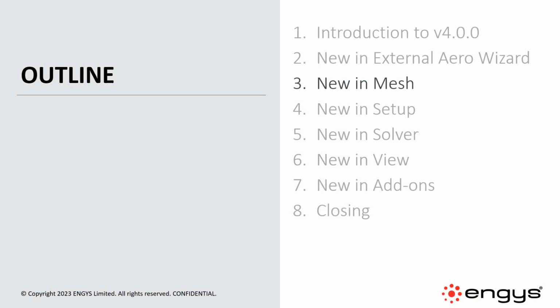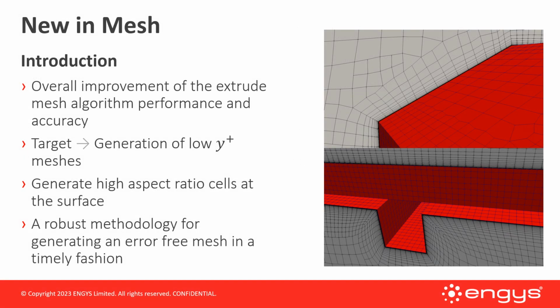Let's see in more detail the enhancements in each aspect of Elements, starting with our mesh generator algorithm. With respect to mesh generation, Elements version 4 presents a noticeable overall enhancement of the extrude mesh algorithm's performance and accuracy. Our primary objective in this update has been to generate low Y+ meshes more effectively.